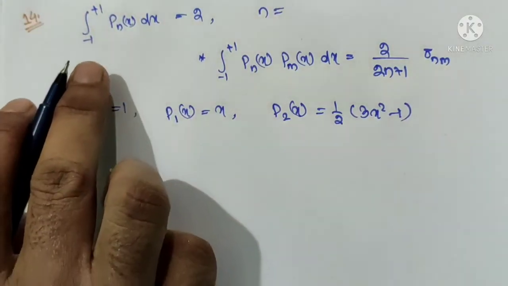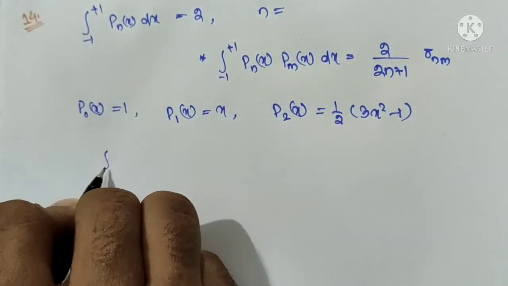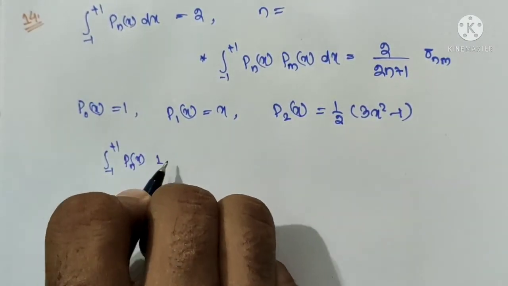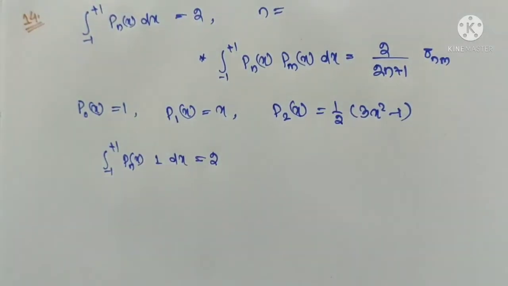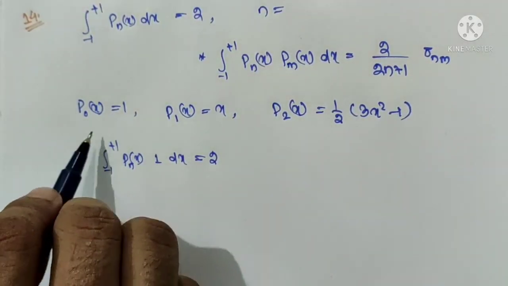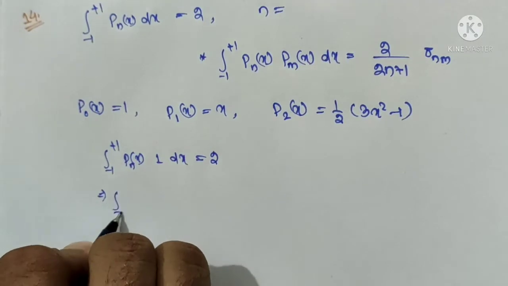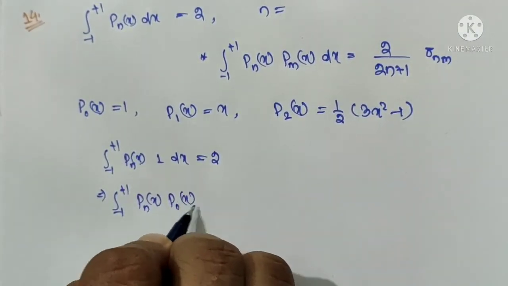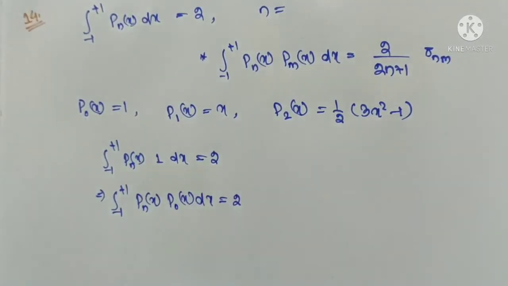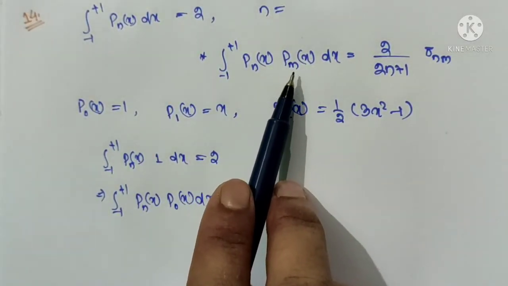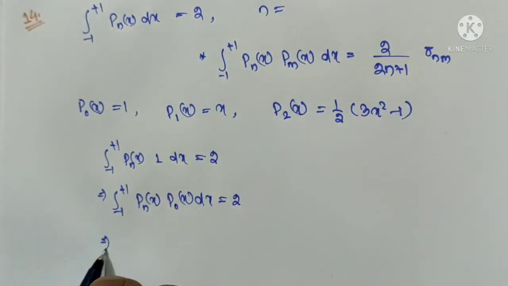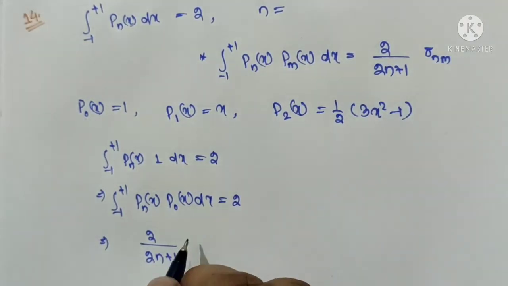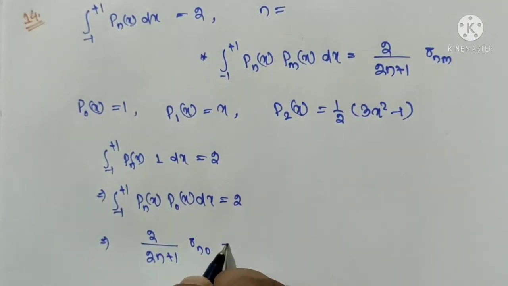So now this given integral can be written as minus 1 to plus 1 P n x into 1 dx equals 2. In place of 1 we can write P0 x. So minus 1 to plus 1 P n x P0 x dx equals 2. Now using this orthonormal property we can write, from here, 2 by 2n plus 1 Kronecker delta n 0 equals 2.